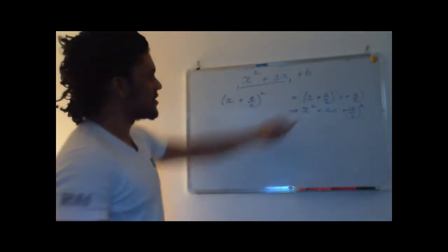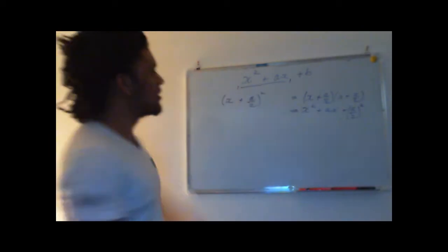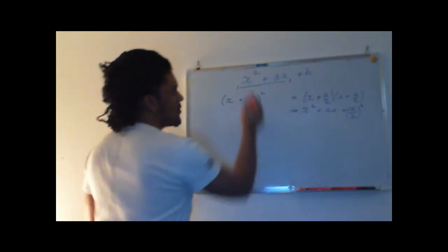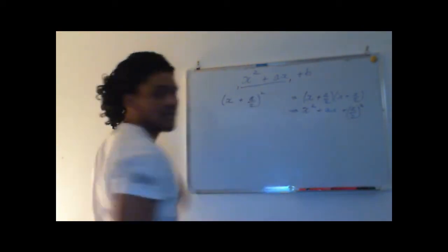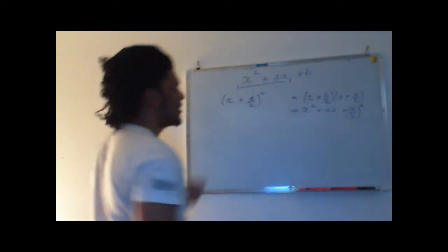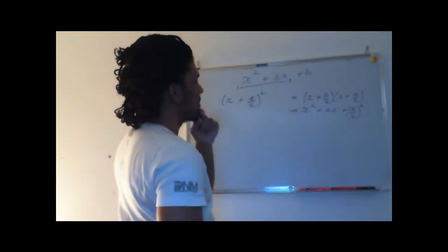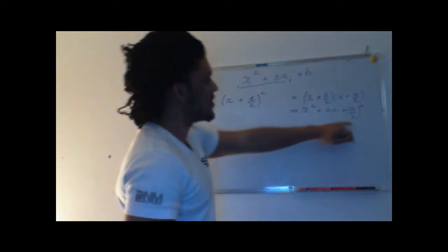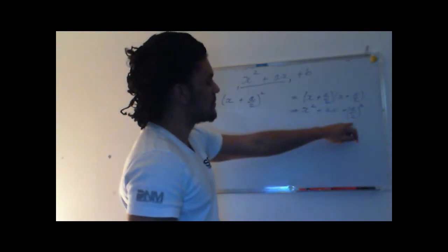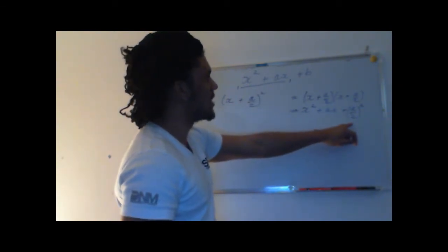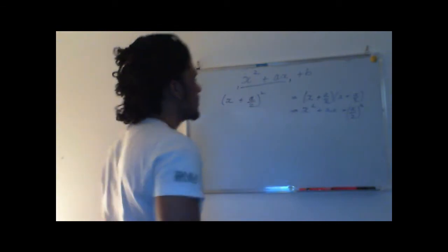Now if we compare this to the expression up here, we've got the x squared and the ax, which is the main thing we're aiming for. But we've also got this a over 2 squared here, where we've got a b.